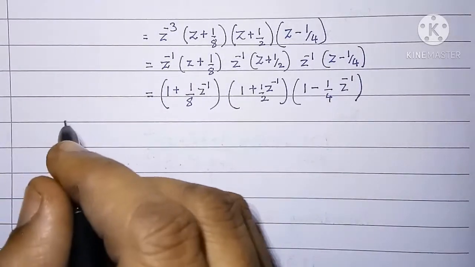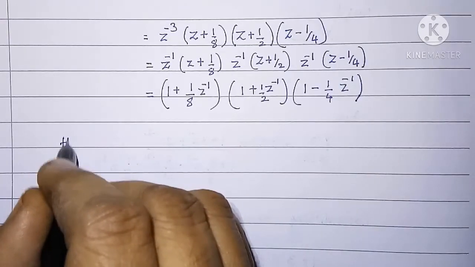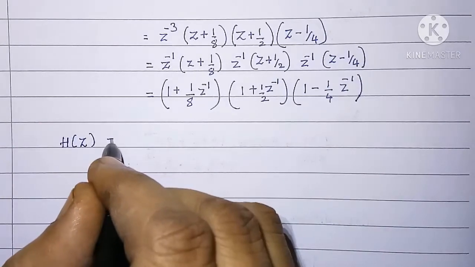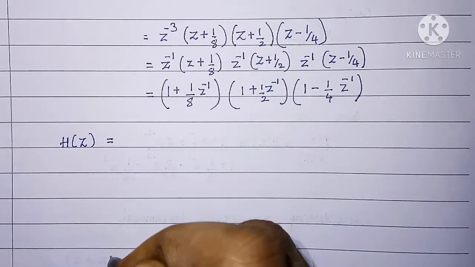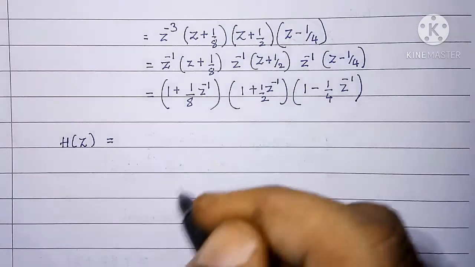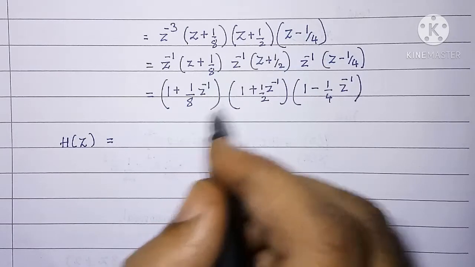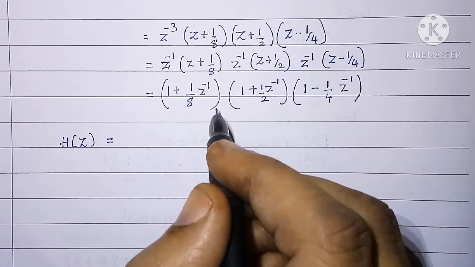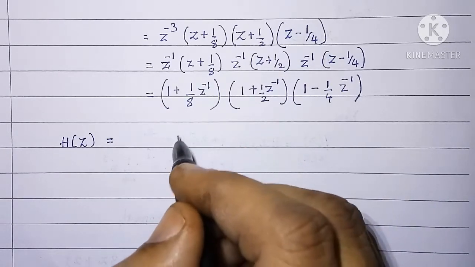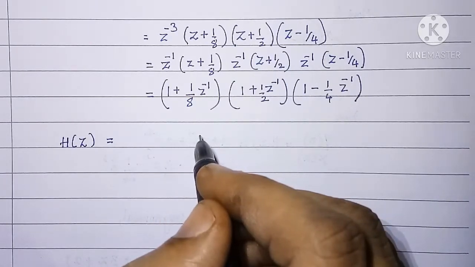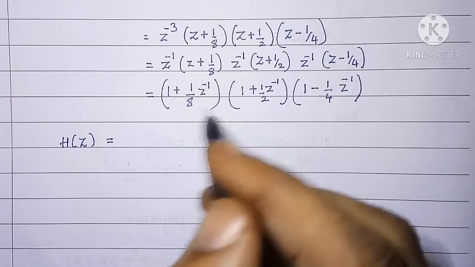Now I will rewrite h of z, but now I will write numerator and denominator as the product of their respective factors.